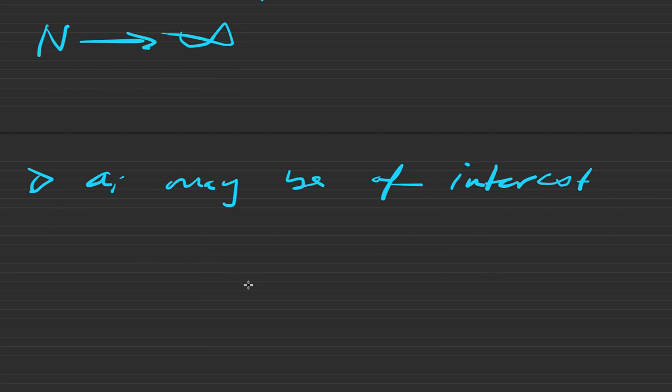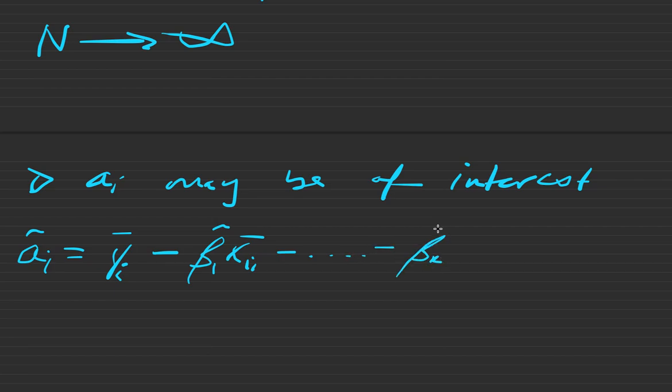Fortunately, we can estimate these a_i using the averages over time. The a_i hat is equal to y_i bar minus beta 1 hat x1_i bar through beta k hat xk_i bar, right? So we use the averages over time to estimate the a_i if they're not already reported.